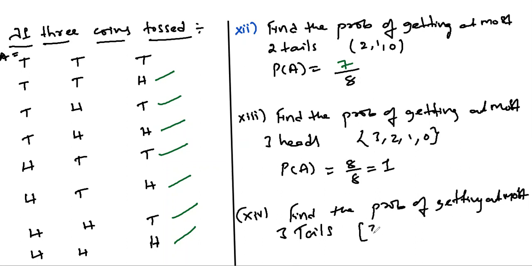Same condition, 3, 2, 1, 0. That means P of A is equal to 8 out of 8, which is equal to 1. So till now we finished at most, now we'll do at least.